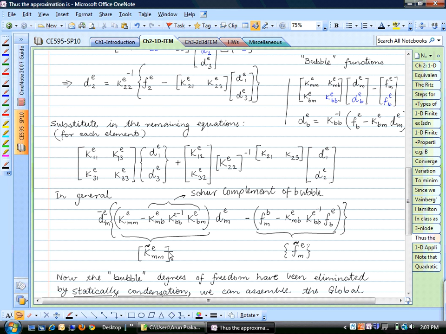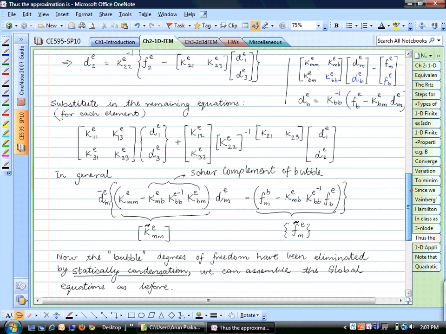And now if I do the static condensation, what is the size of the reduced or the effective stiffness matrix? 2 cross 2. So I have reduced the size of my stiffness matrix by an order of magnitude in general if I have higher shape functions.